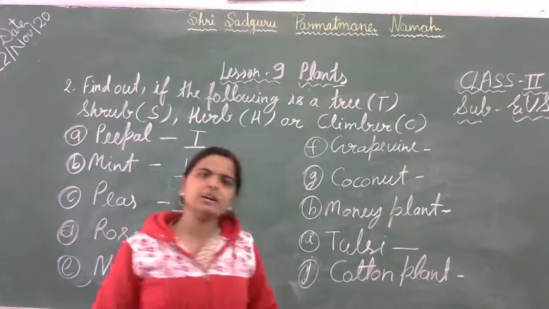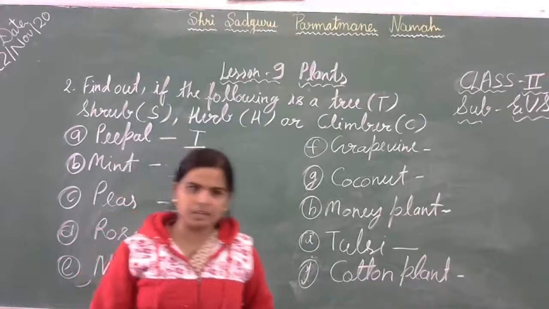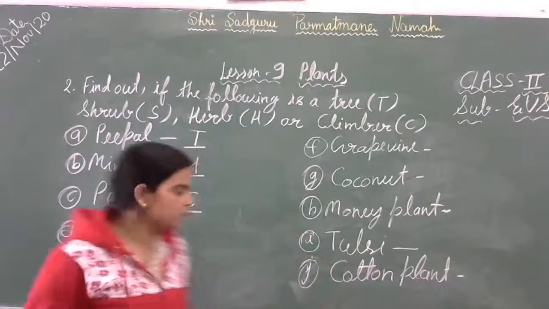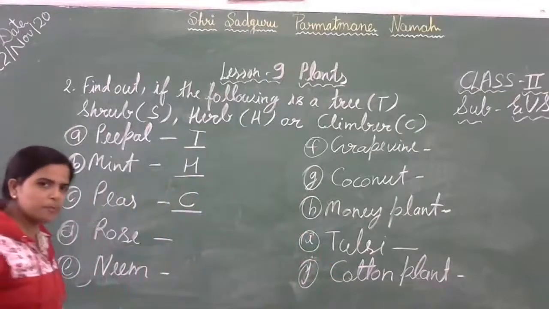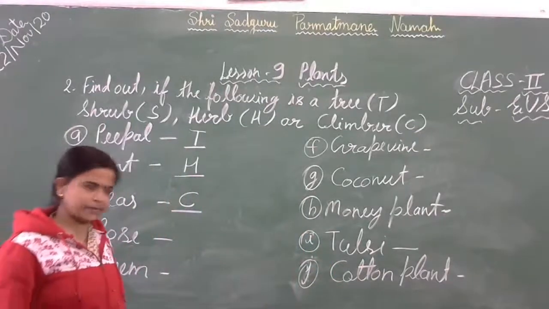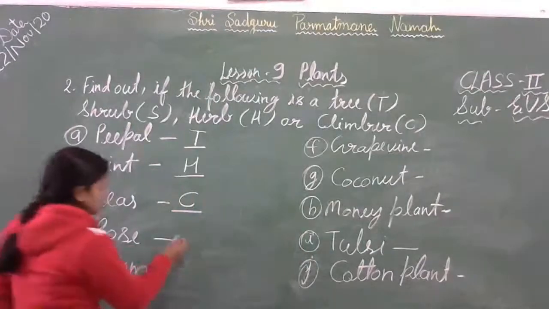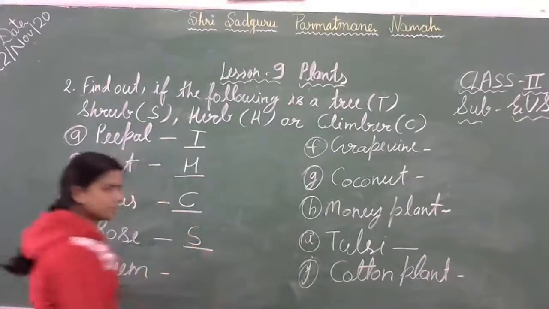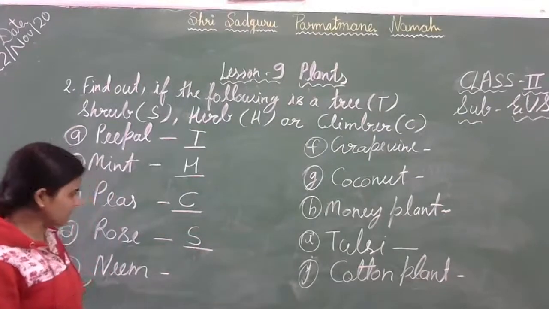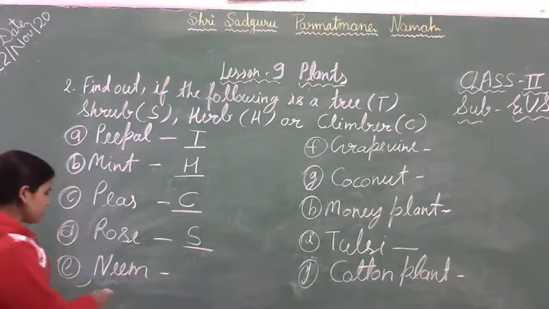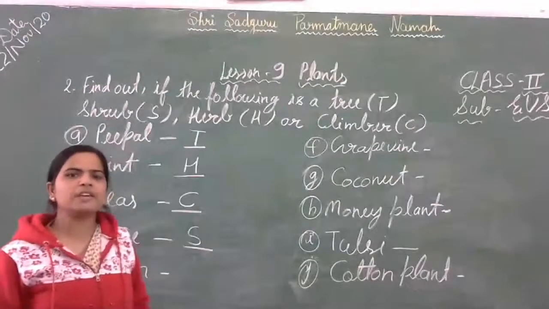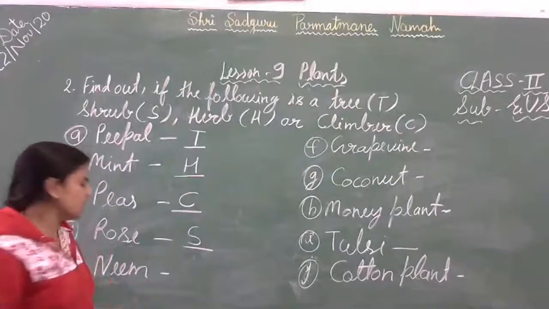Next is rose. Rose is an example of shrub. This is smaller than the tree. So this is an example of shrub. You write here S. Next is neem. Neem is an example of the tree.